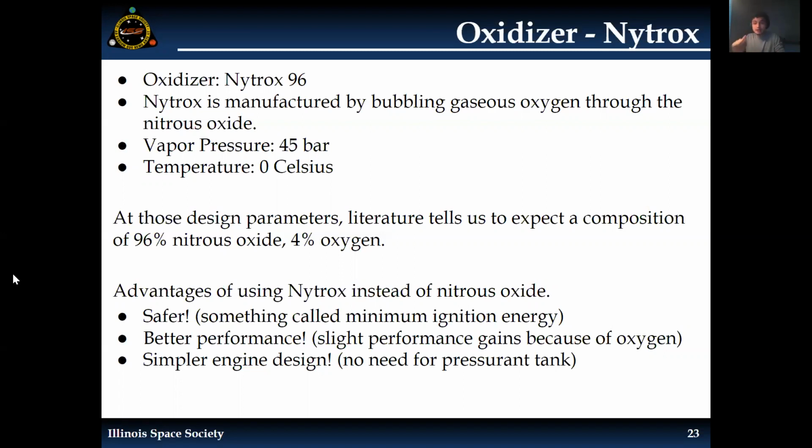Two, it gives us better performance. That is because when you mix oxygen into nitrous oxide, its oxidizing capability goes up, which means it is more likely to accept an electron from something that can give an electron, like paraffin wax. Since oxygen in and of itself has higher oxidizing capability than nitrous oxide, it becomes better at doing its job.